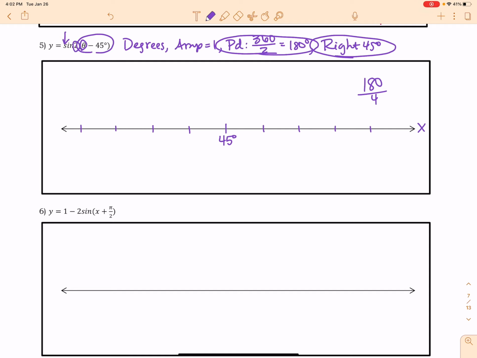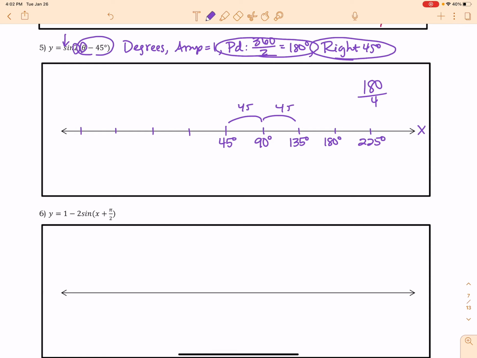So each of these is going to be 45, etc. When I add 45 degrees to this middle 45, I get 90 degrees. When I add 45 again, I get 135. When I add 45 again, I get 180 degrees. When I add my 45 again, I get 225.